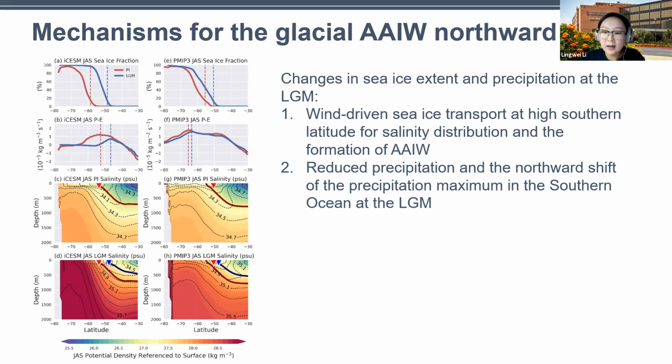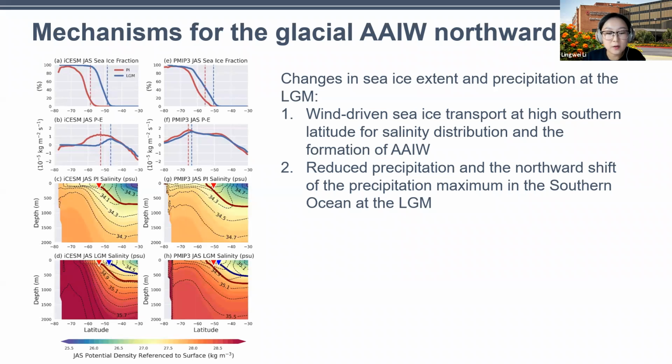This could feed the AIW with fresher water and favors a northward shift of sea surface salinity minimum. Consequently, compared with physical plots at bottom showing northward shift of sea surface salinity minimum, the extensive sea ice at the LGM can lead to AIW moving further north.